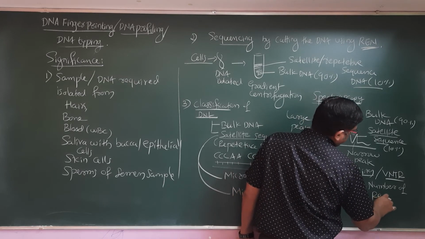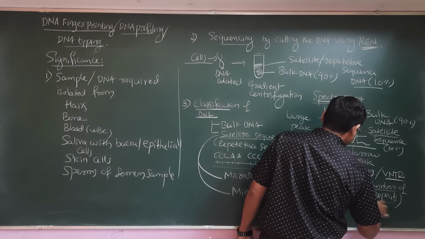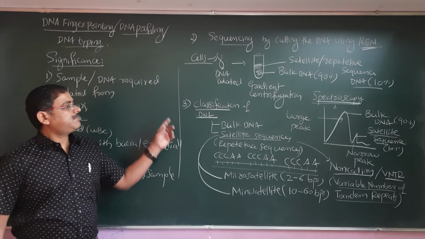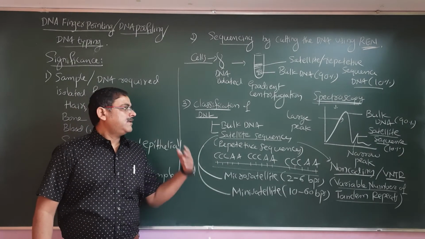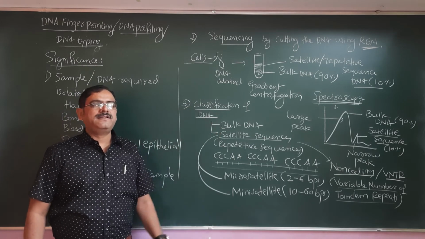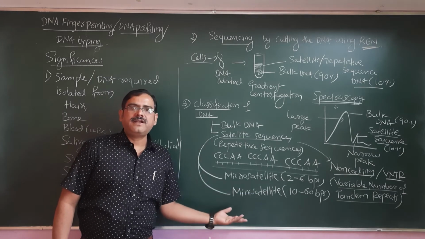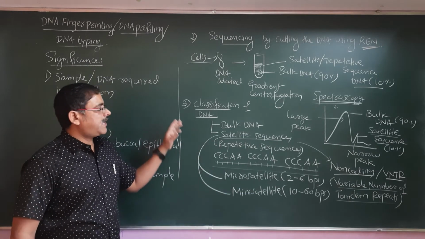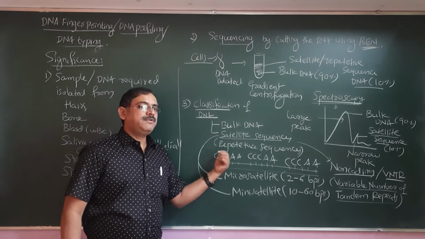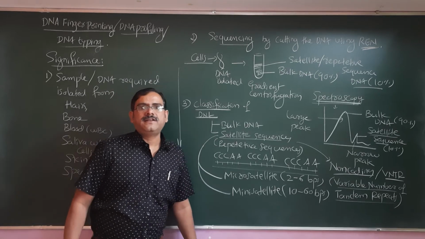So our target is mainly VNTRs, in the classification of DNA as bulk DNA and satellite DNA. In the satellite DNA we find lots of these micro and minisatellites, also called VNTRs. Alec Jeffreys focused on these VNTRs and made the DNA fingerprinting technique possible.